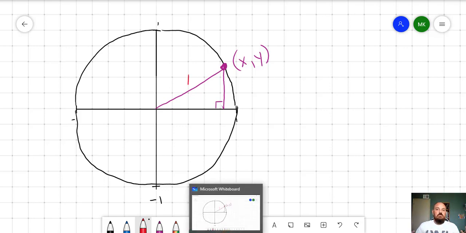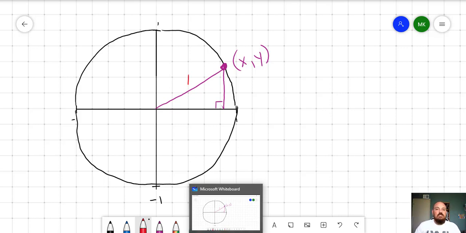Now for the other two sides, we actually don't know what their lengths are because we don't know what that point x, y is. But the letters x and y actually give us the sides. Because when you're plotting a point, you start at the center. If the point is 2, 5, you're going over 2 and up 5.